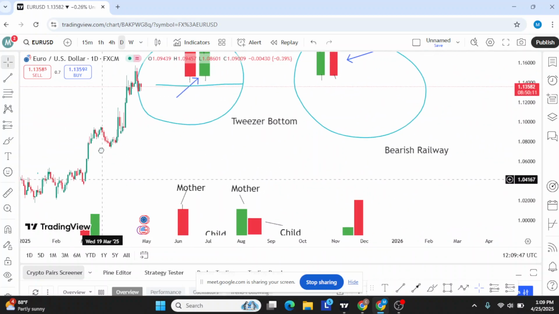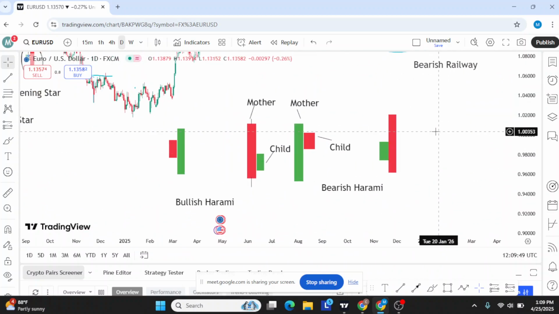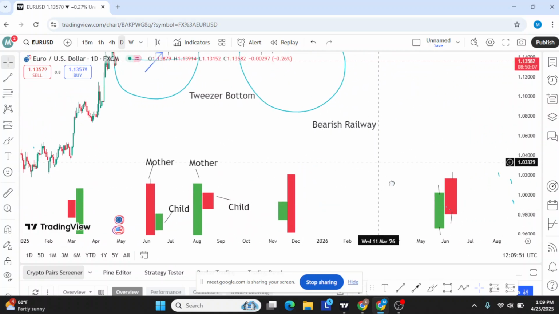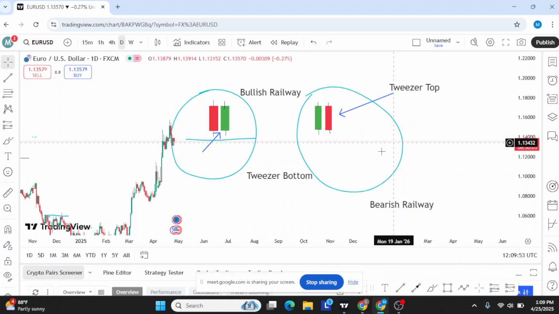So now, let's go back to this bullish railway and bearish railway. You can see we still have the pictorial example of how it looks.